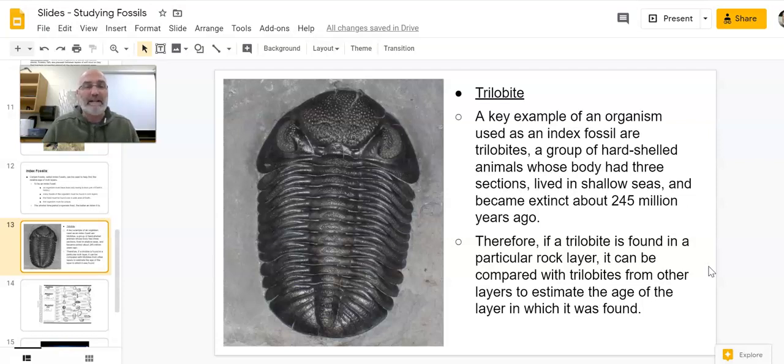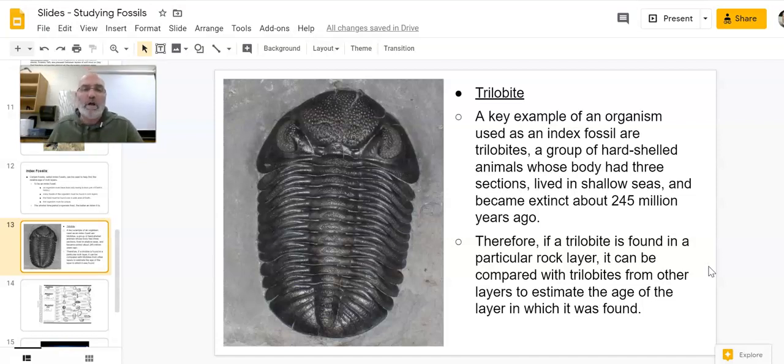So trilobites actually have some different body structures depending on the time that they were alive. And by comparing a fossil of a trilobite to other known fossils of trilobites, we can make some predictions about the age of the layer of rock where a trilobite is found.